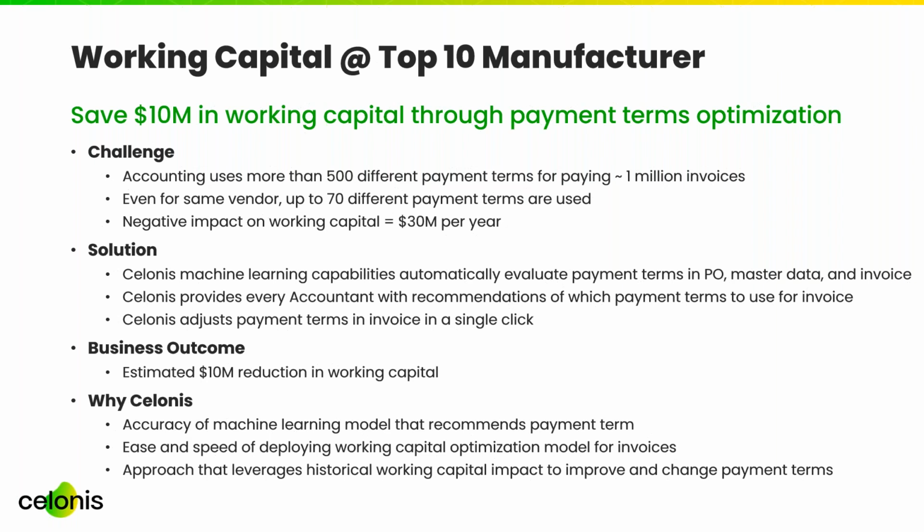So you're basically, for each invoice, comparing these 3 different sources of payment terms that you could apply. And by automatically calculating the best payment terms out of those, the Action Engine will create a recommendation for this accountant which payment terms to use for a particular invoice. And again, the accountant can then directly adjust the payment terms on the invoice out of the Action Engine application.